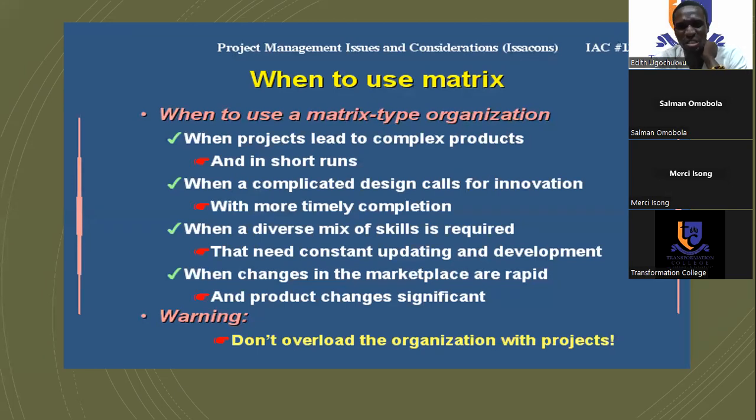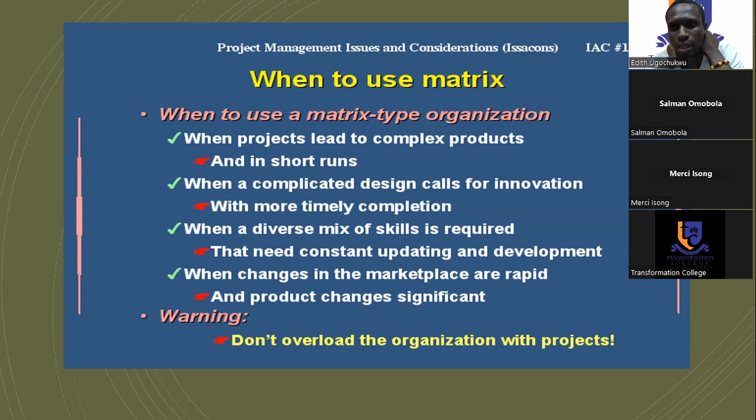When a diverse mix of skills is required that need constant updating and development. So you can see that is when to use matrix. It's not like we just use matrix. These are situations that warrant an organizational structure should be drawn.